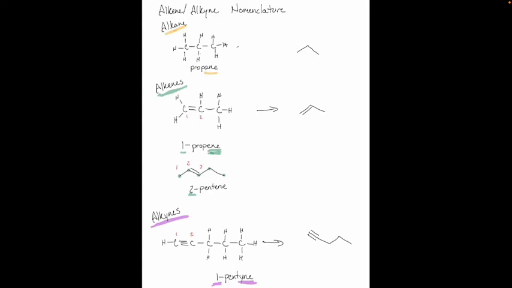Other than that, our nomenclature stays the same in terms of anything sticking off. So let's do a few examples here. We'll work with both the Lewis structures and the bond line structures. We really want to be good at all these different representations, being able to see that they're the same thing.